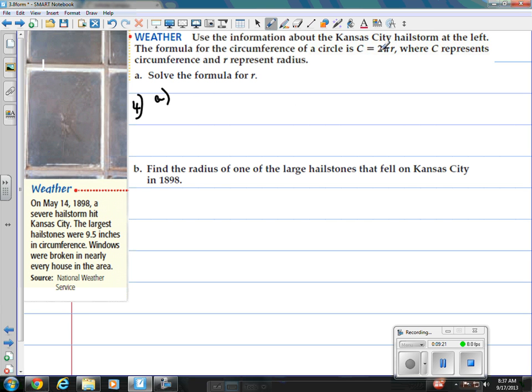The formula for the circumference of a circle is c equals 2 pi r, where c represents circumference and r represents radius, and we're asked to solve the formula for r. So once again, being a formula, I can flip the whole thing, take the right side and write it on the left, take the left side and write it on the right.